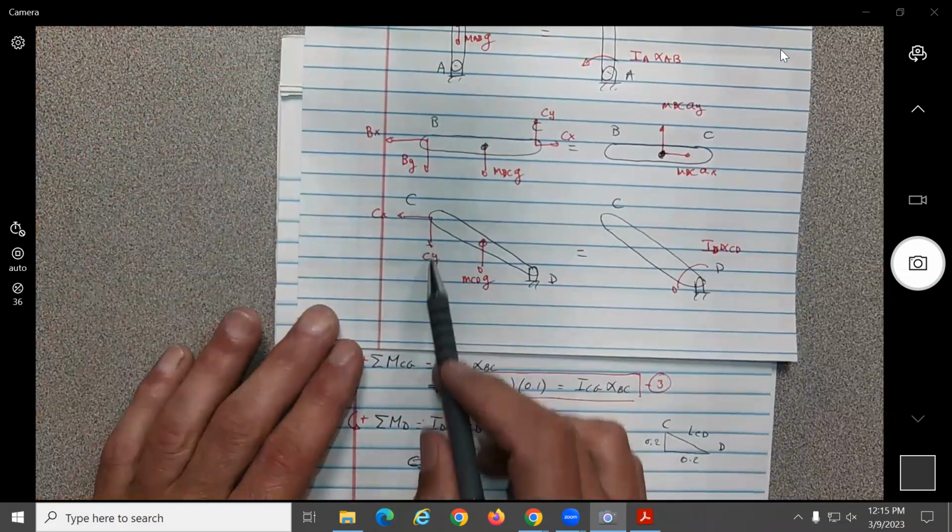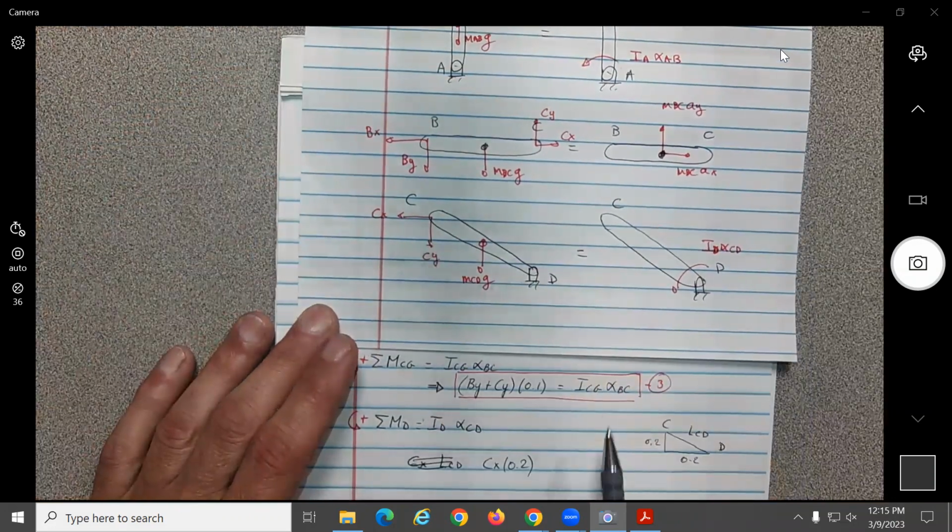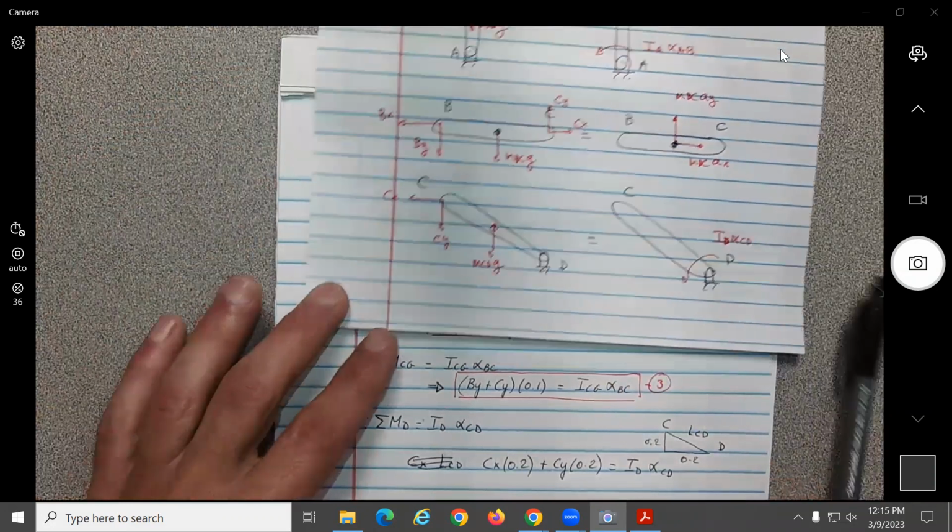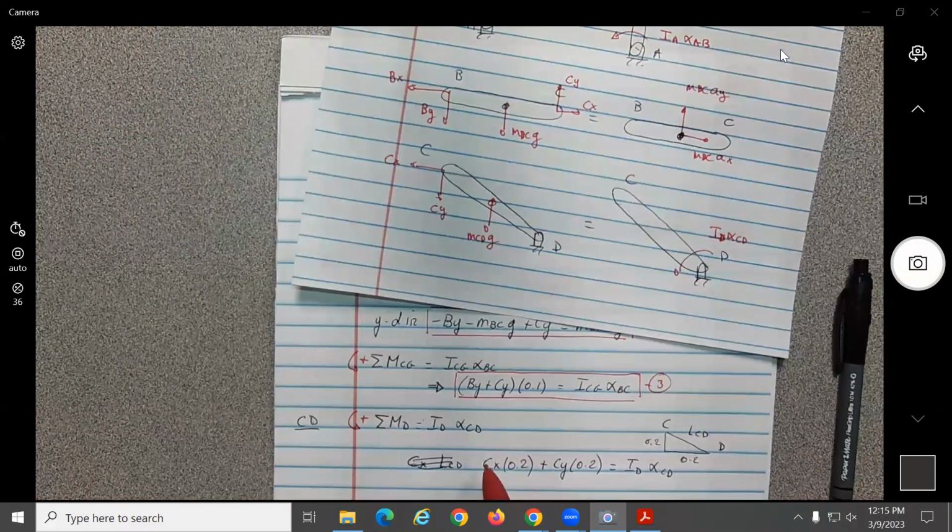So C_X times 0.2 going counterclockwise, and then C_Y is also going to go counterclockwise, no? Plus C_Y times 0.2 equals I_D alpha_CD about point D. This should be equation 4.